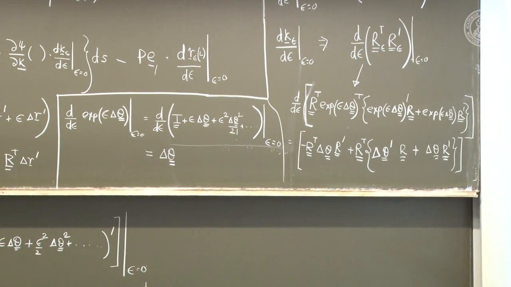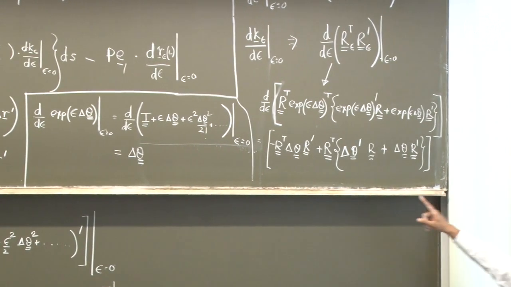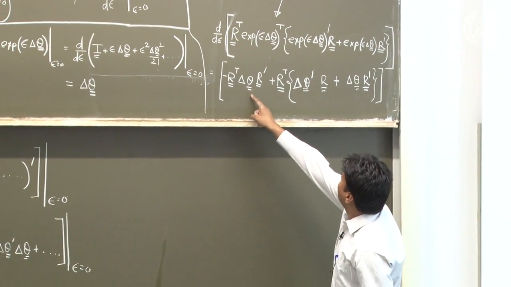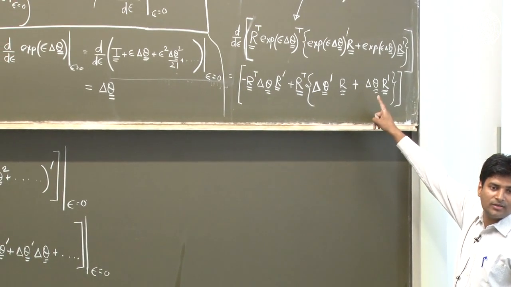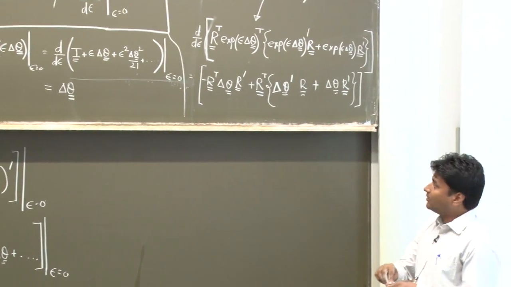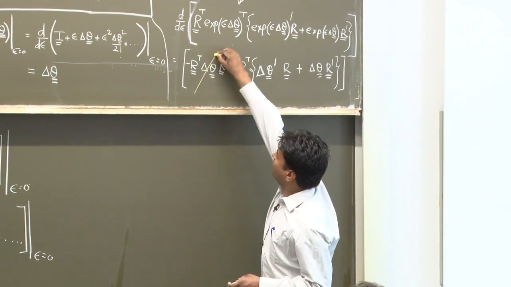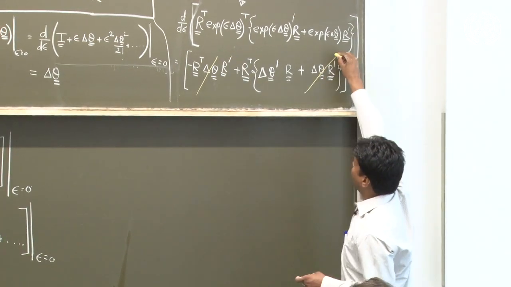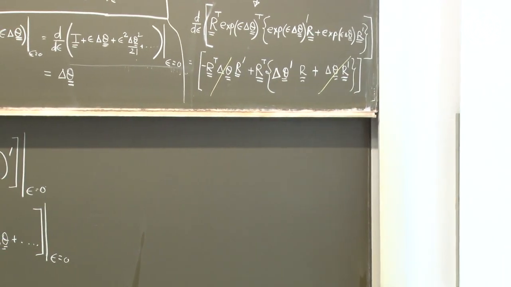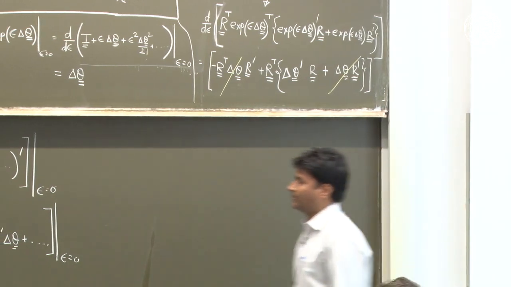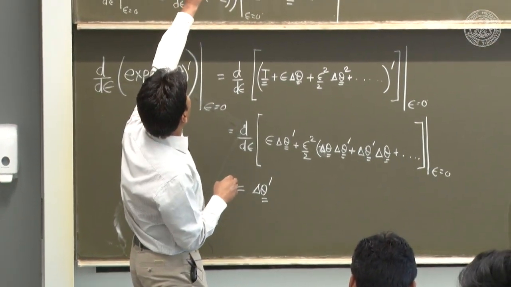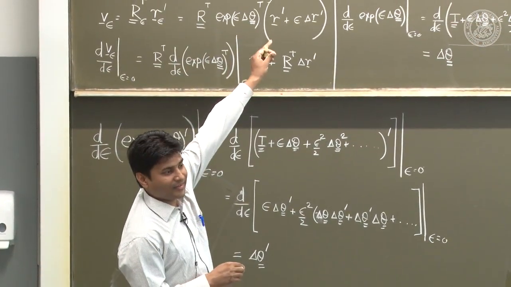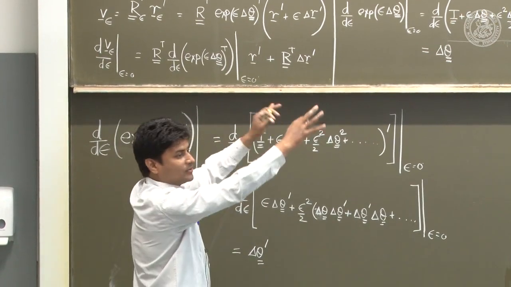Okay, and then you see that this first term actually cancels with the last term, isn't it? The first term cancels with the last term. See, we started with such a simple looking thing, and it has so much inside.